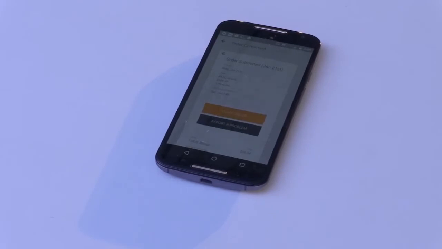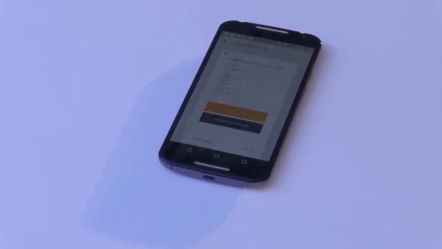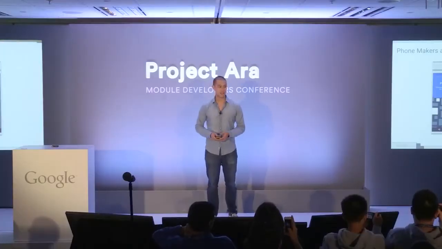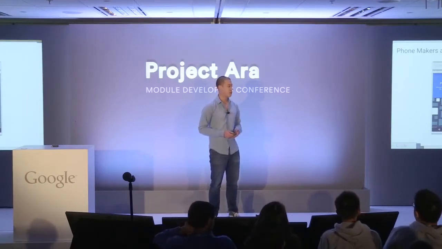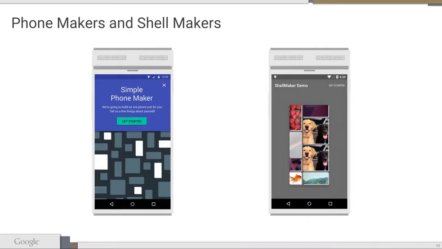So you might be asking, well, that's kind of a lot of different steps if I want to create a device. And what if I don't want to have to make each individual choice one at a time? Well, we have created these things called phone makers and shell makers, which allow you to create fully complete and custom phones with just a very simple user input.